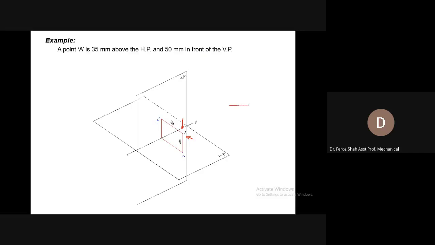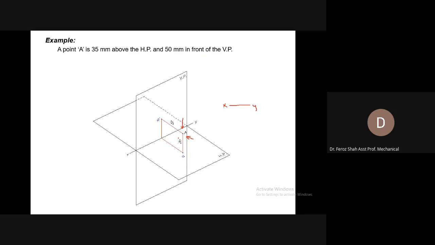So you don't have to draw these planes. These planes are only for conceiving the exact location of the point, and then you will have to draw it according to the projection method. So if the point is in the first quadrant, its projection will be according to the first angle projection.